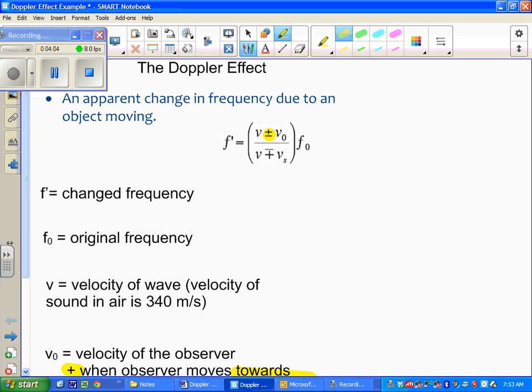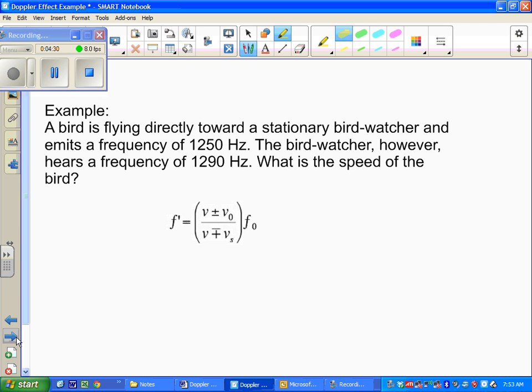So it's positive up here because it's moving towards the observer. That positive is on the top. And the negative is on top here because the source is moving towards the observer. So the top sign is simply moving towards, and the bottom sign, either the negative on the top portion or the positive on the bottom portion, is moving away. That sounds complicated, but I think once we do an example, it'll get clear.